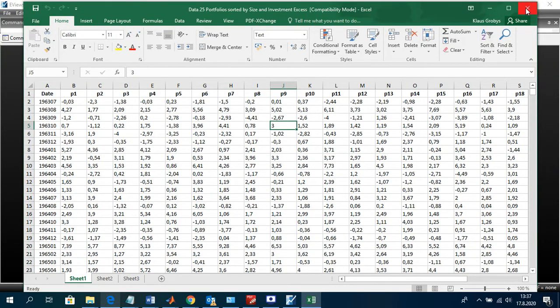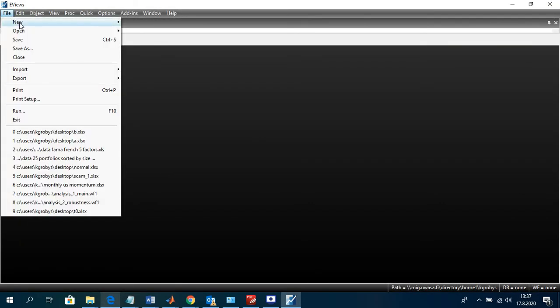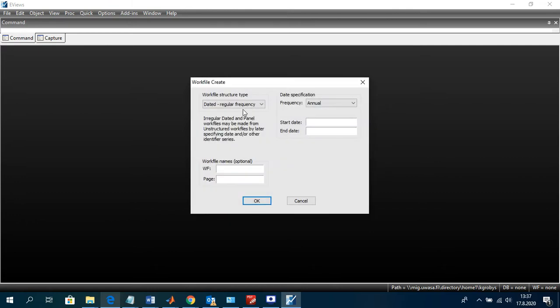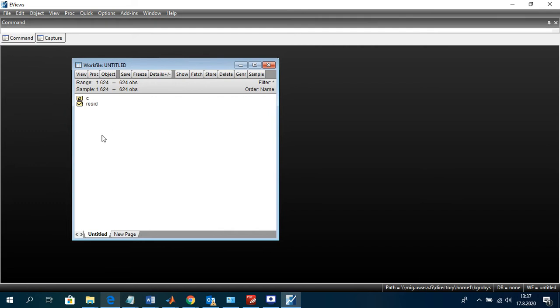Okay, so 624 is the number of observations. So again, we go to File, New, Work File, unstructured, undated, observations 624. Push the OK button, and this next wizard opens.